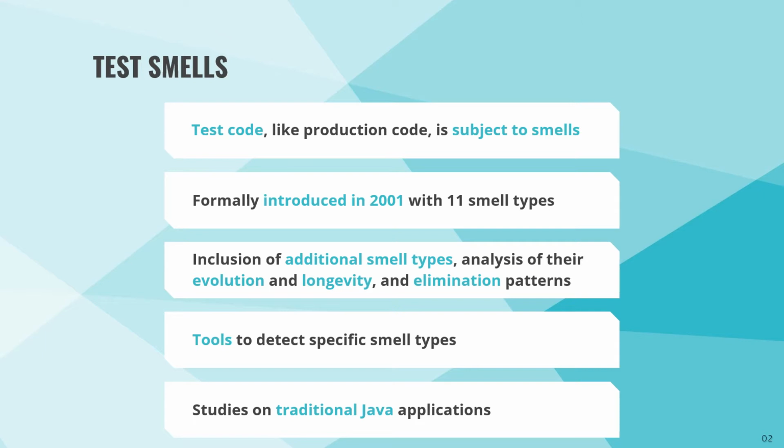Researchers have also studied the evolution of smells and looked at ways to eliminate smells from test files. There has also been work on tools to detect test smells. And finally, most of the studies on test smells have been on traditional Java systems.